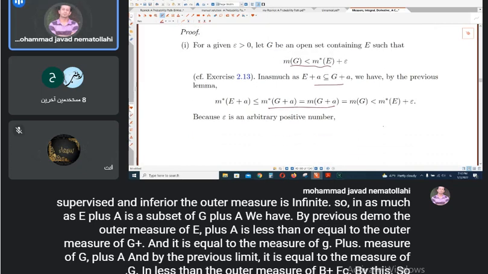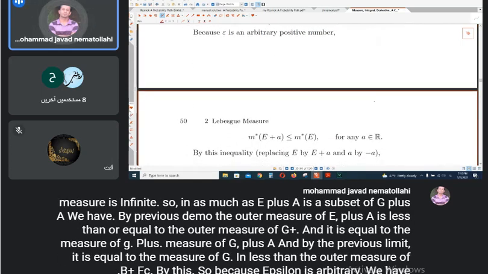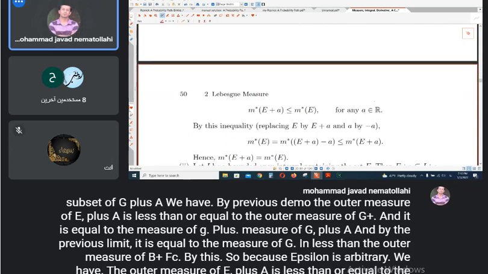So, because epsilon is arbitrary, we have the outer measure of E + A is less than or equal to the outer measure of E.